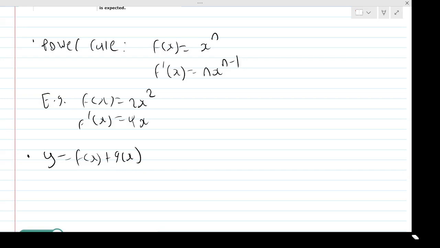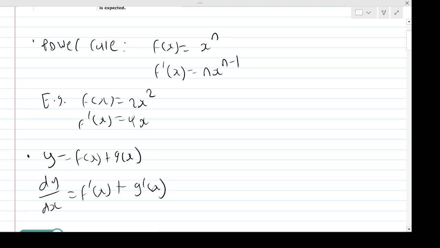Then if we want to compute the derivative of the whole expression, which is y, then dy dx is going to be, we're going to differentiate it term by term. So it'd be the differential of f of x, f dash of x, and then we add the derivative of g of x, okay?